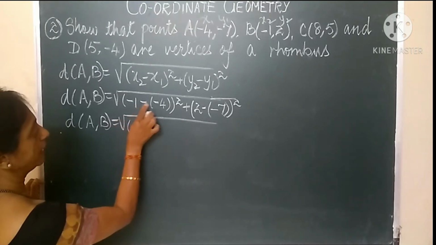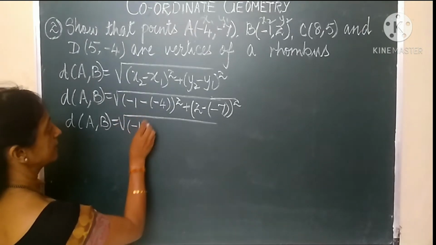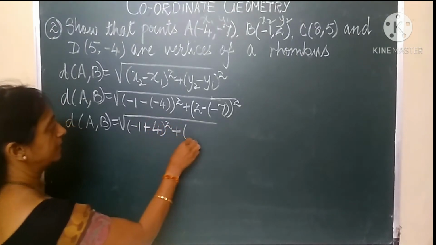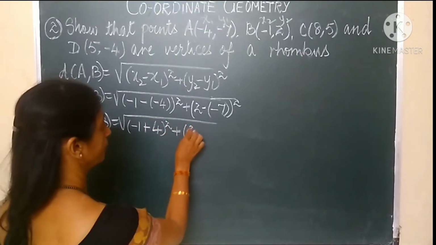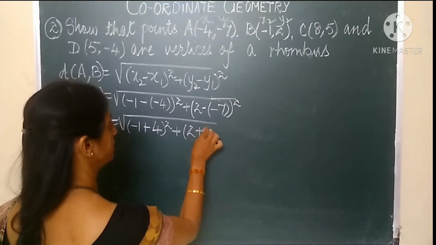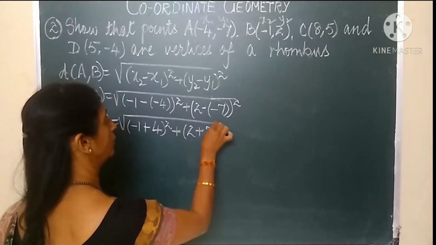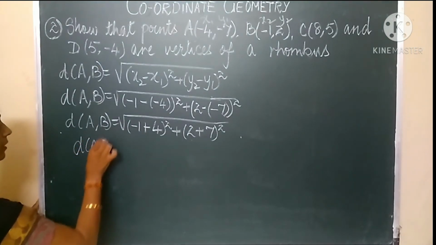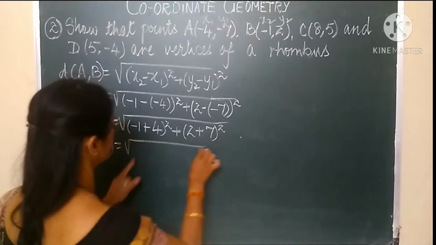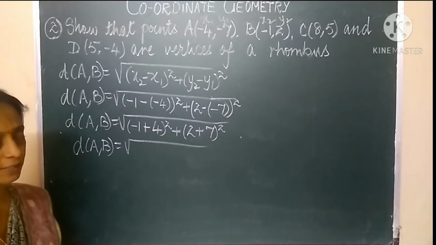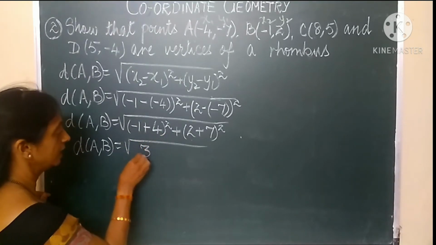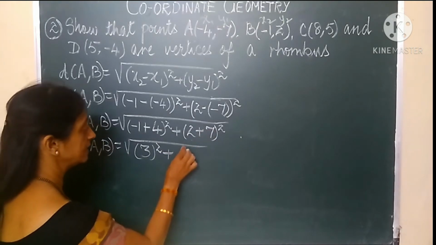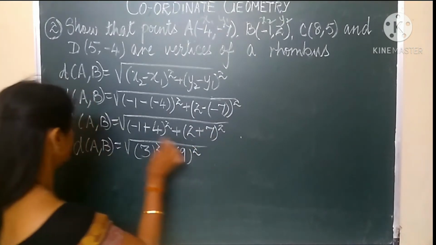Minus 1 minus into minus gives us plus 4 the whole square plus 2 minus into minus is plus 7 the whole square. So distance AB will be equal to minus 1 plus 4 gives us 3 the whole square plus 2 plus 7 gives us 9 the whole square.